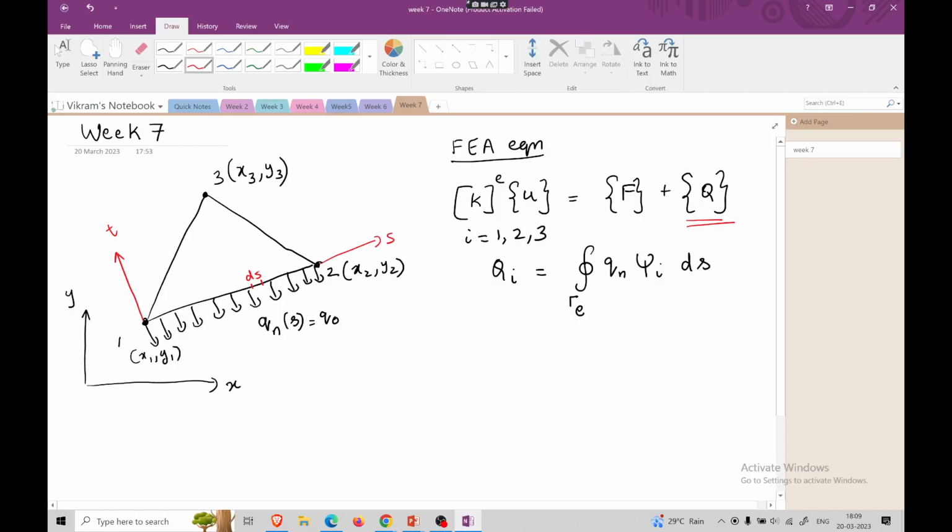And what is Qn? If you have seen in the previous live session, or if you recall from the lectures, we know that Qn is nothing but dou u by dou n, which is the directional derivative.